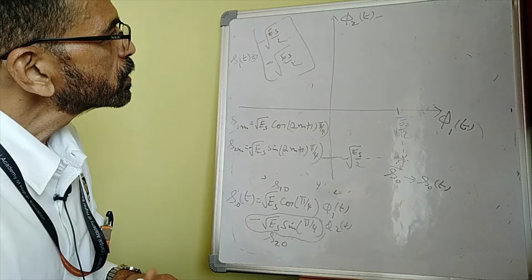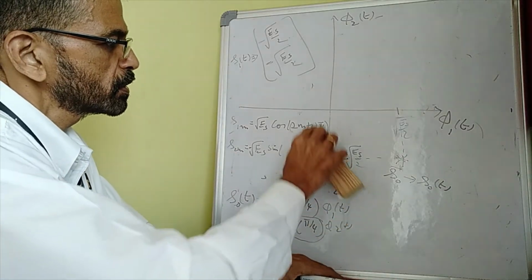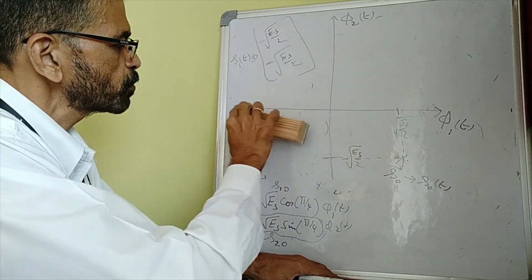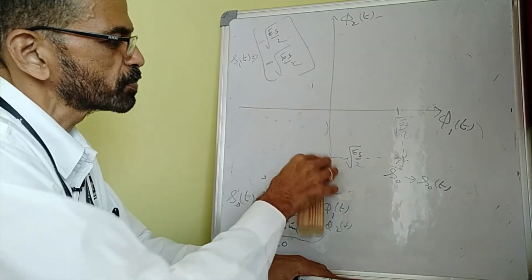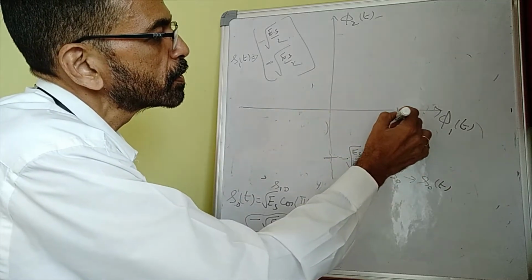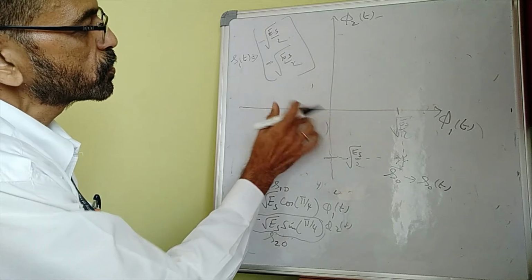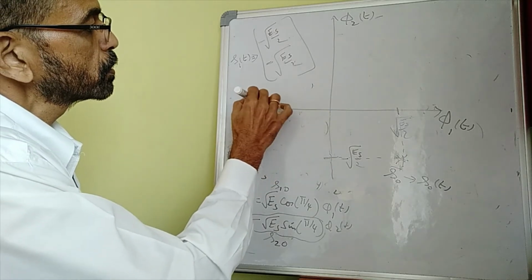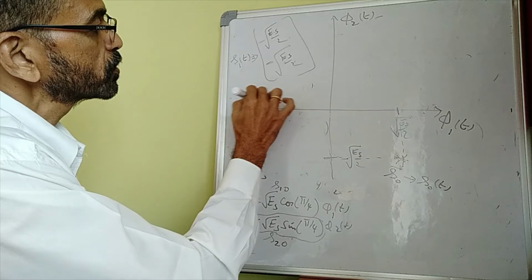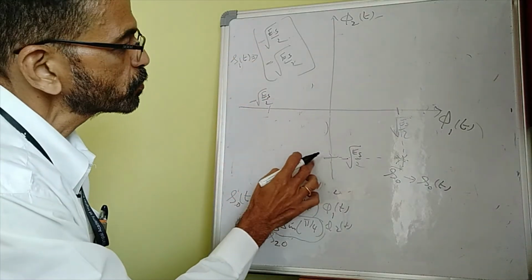Okay, so this is the coordinate of the point corresponding to the signal S1(t) in the signal space. That will be minus root Es by 2 on the phi 1 axis and minus root Es by 2 on the phi 2 axis.